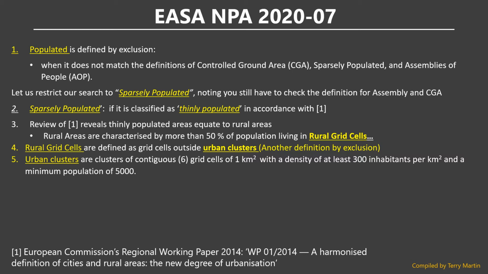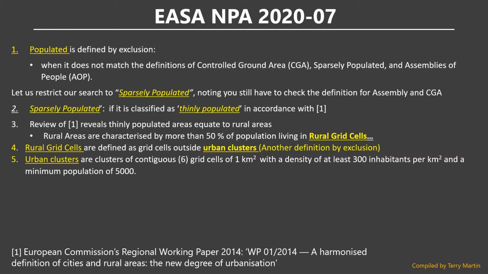Noting that assembly of people and controlled ground area need to be defined and excluded, it's fairly intuitive to recognise that the key one is where the threshold for sparsely populated lies. If you dig into that and go to the reference from a regional working paper that the EASA NPA quotes, you'll see that sparsely populated is if it's classified as thinly populated in accordance with that reference.